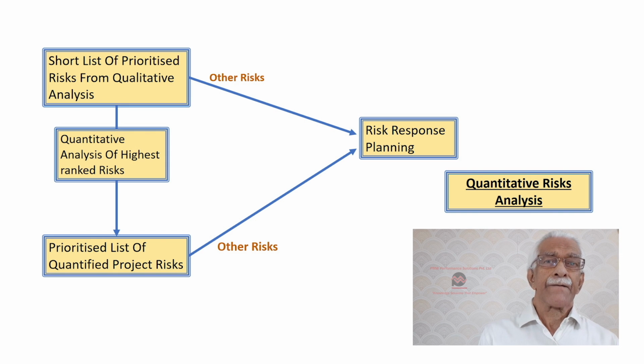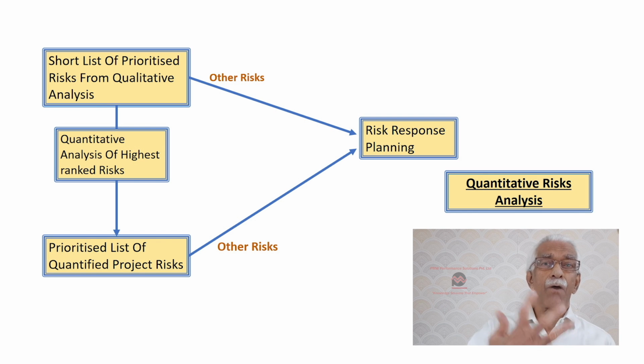So instead of saying a risk has a high impact or a medium or a low impact, we say the risk has an impact of so many rupees, and the probability is given as a percentage, say 20% or 50%.